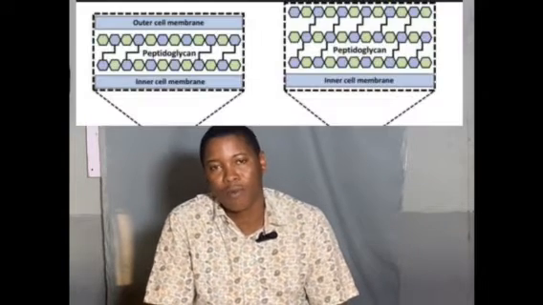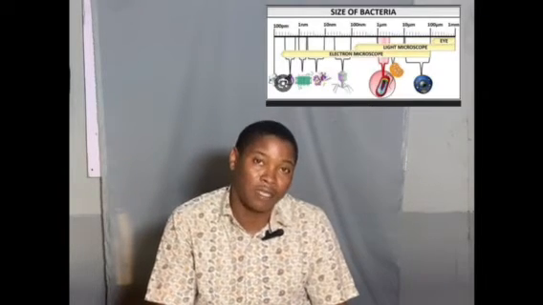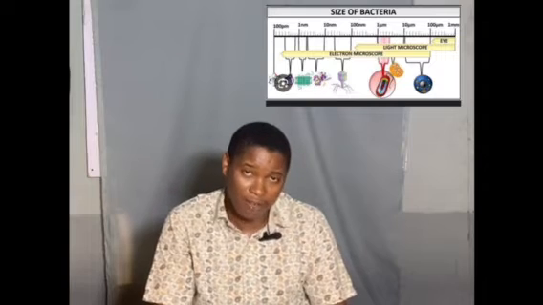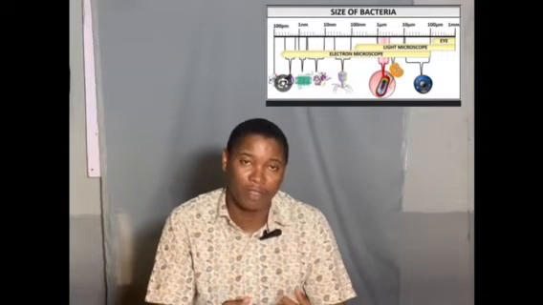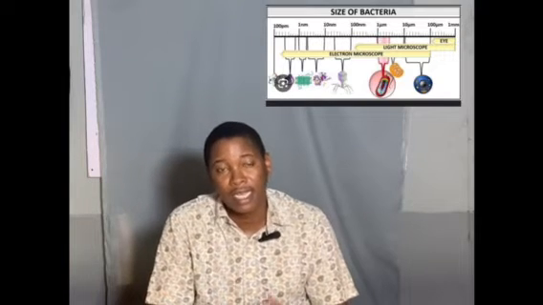Now if we look at the size of prokaryotes, it is basically between 0.5 micrometer and 5.0 micrometer. Now what is a micrometer? A micrometer is the measurement we use to measure bacteria. And how do we get an idea of the size of this micrometer? The way to look at it is that if you take a ruler and look at 1 meter on the ruler, if you could divide that 1 meter into 1 million places, each of those places is 1 micrometer.